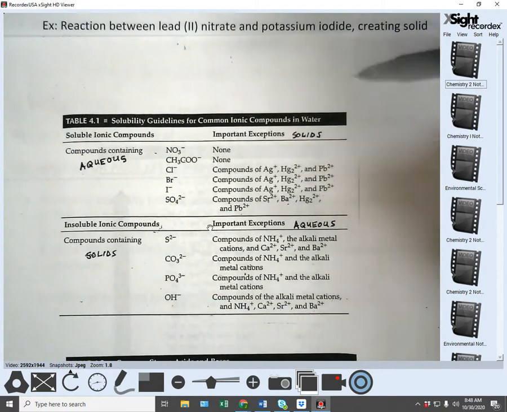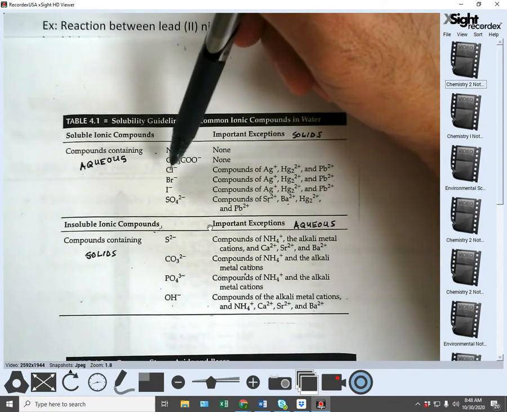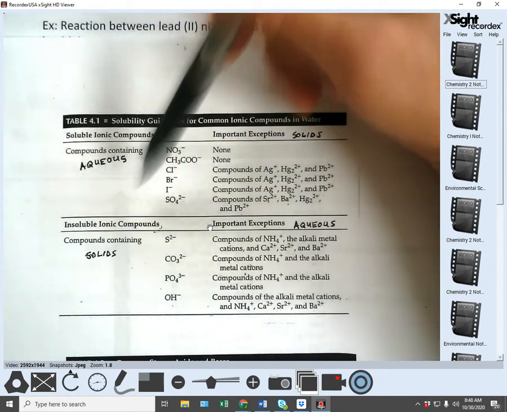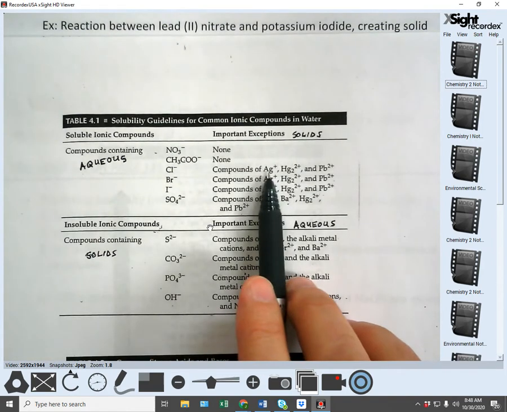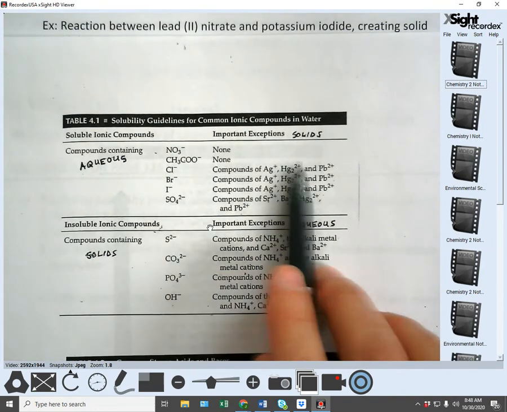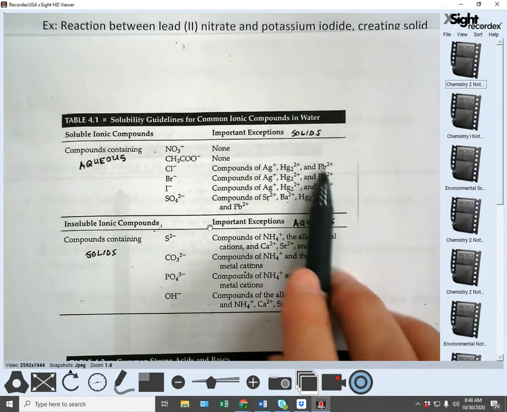So, for example, if the anion in the compound is chloride, it's going to be an aqueous compound, unless it's silver chloride or lead-2 chloride.